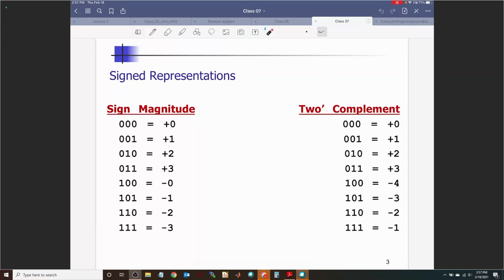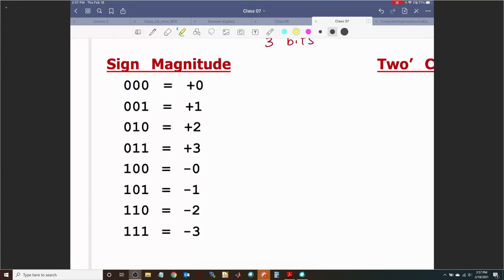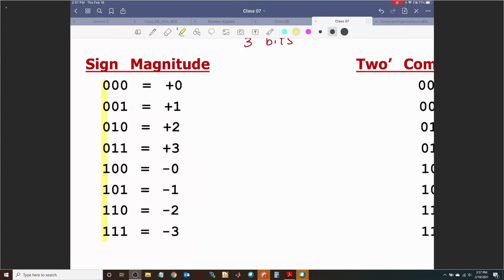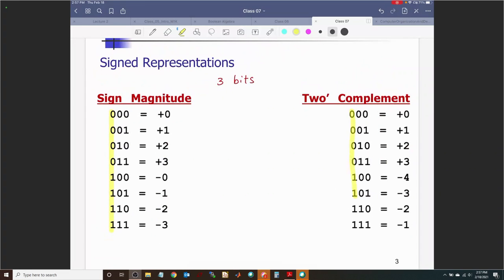So how does it work? Let's take an example. The one we are playing with is a 3-bit example, and we are looking at signed integers. So clearly we have to reserve 1 bit for sign, and we reserve the first bit, the most significant bit, for sign in both cases, sign magnitude as well as 2's complement.